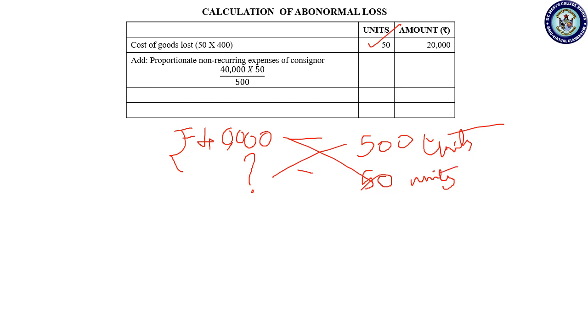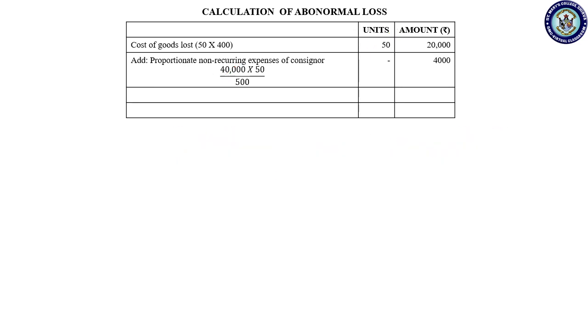For 50 units, how much? 40,000 into 50 divided by 500. So that is what I have written here. It comes to 1,000.